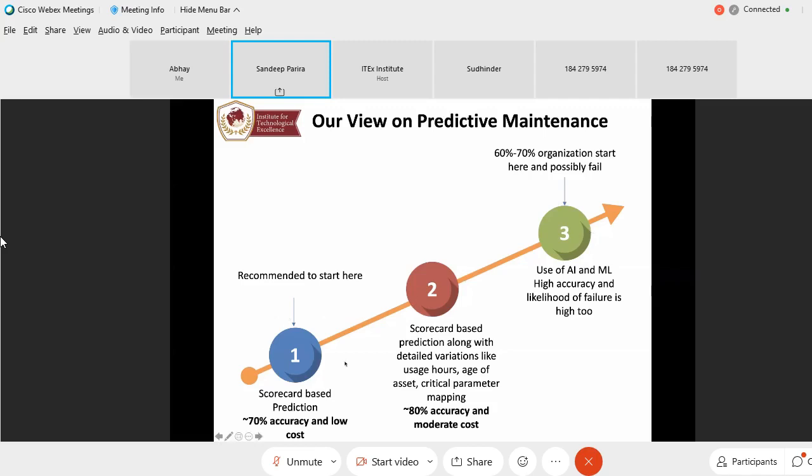Now, for those organizations that think they are not at that level, we recommend starting with something very similar, a low cost solution for predictive maintenance, and preparing your organization for AI or ML. What we can start with, for example, is a score based prediction, right? It gives around 70% accuracy at a very low cost. I'll explain what low cost scoring based predictions are.